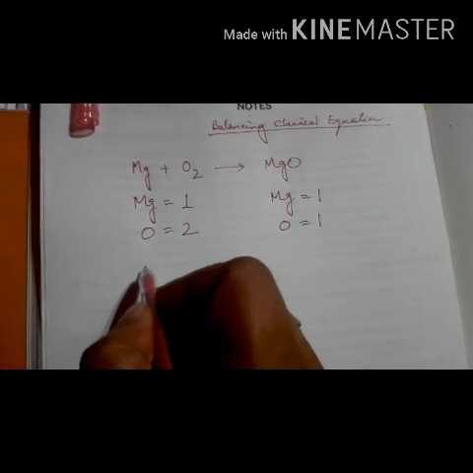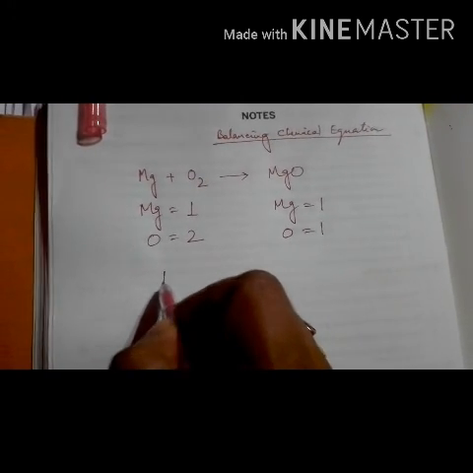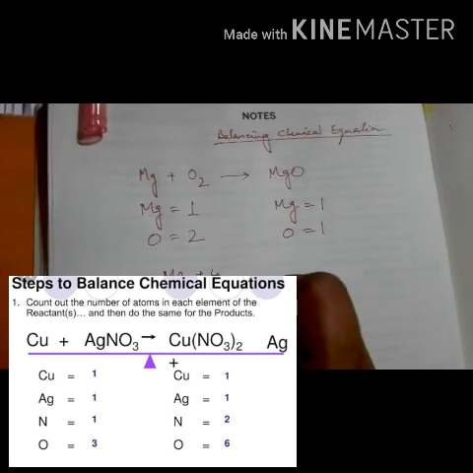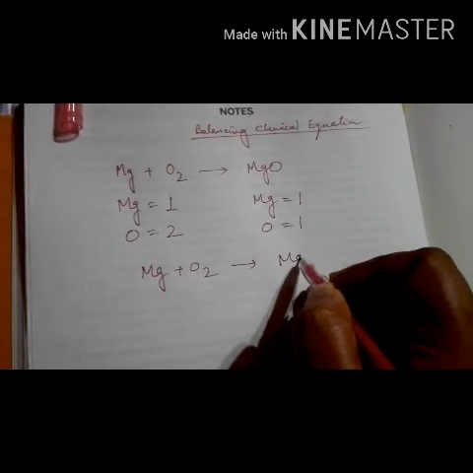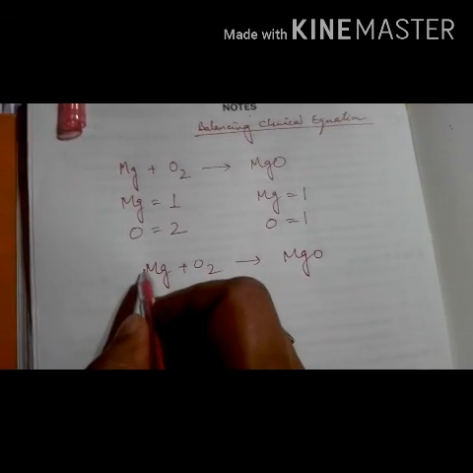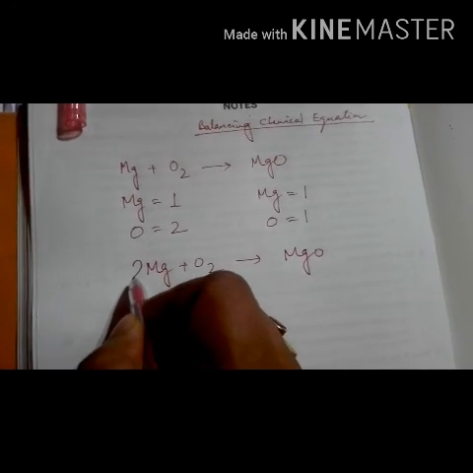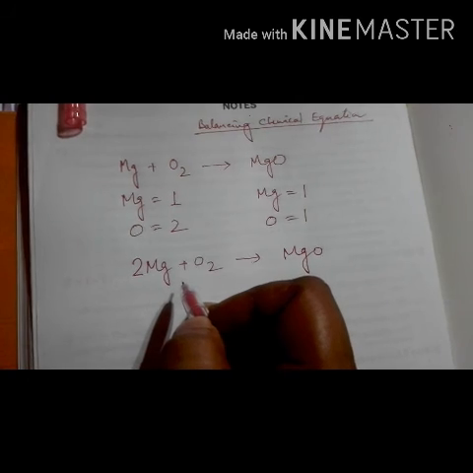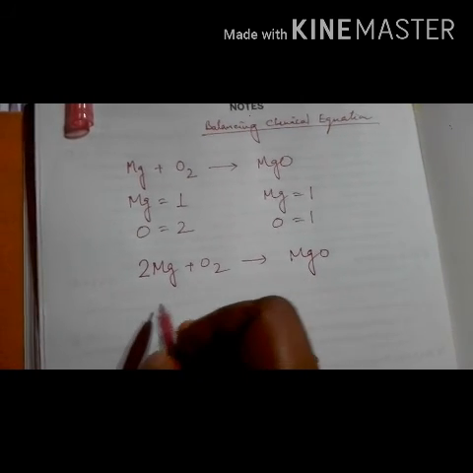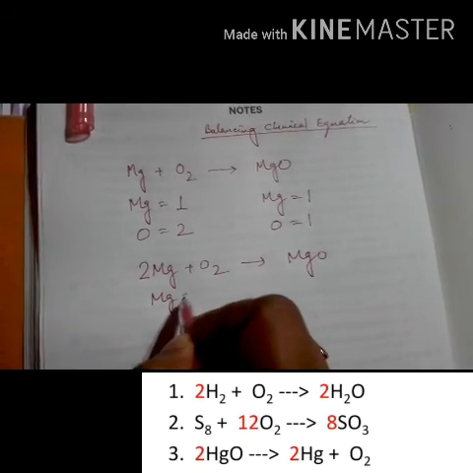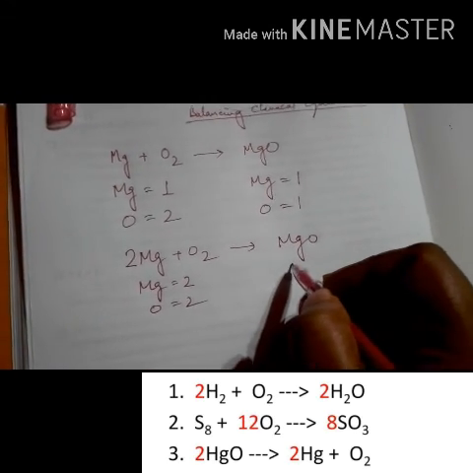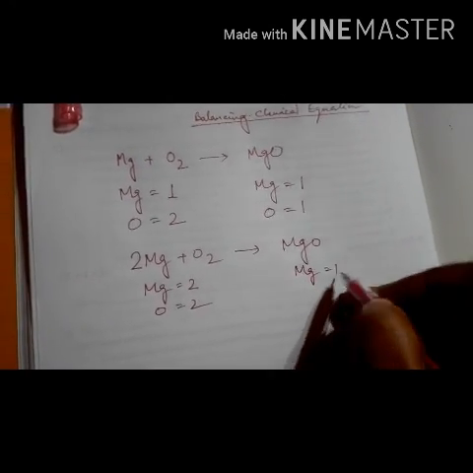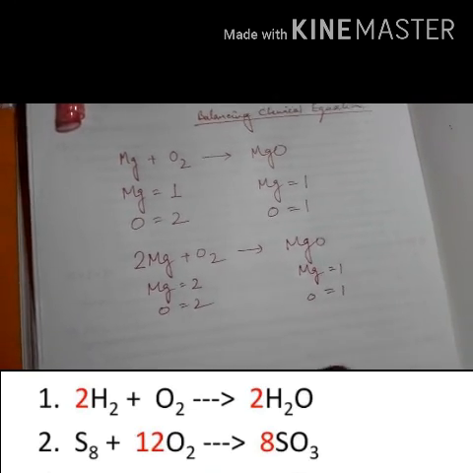Now if we balance it properly, we will go through the trial and error method. Mg plus O2 will form MgO. If we put 2 here in case of magnesium, then oxygen is converted into 2, while here magnesium is 1, oxygen is also 1.